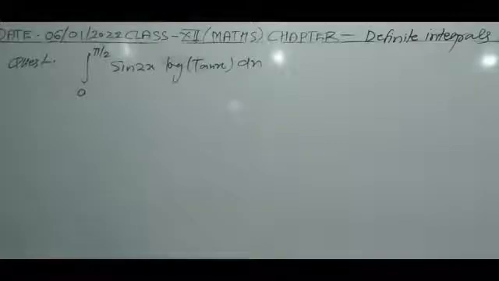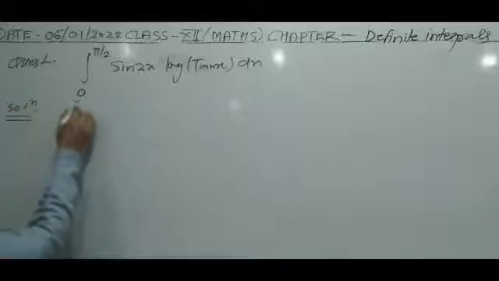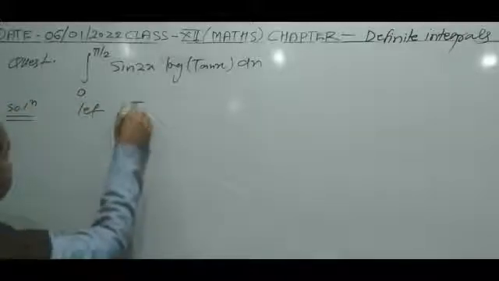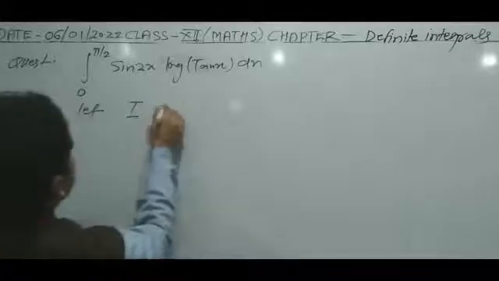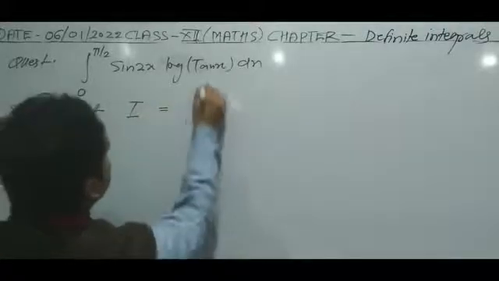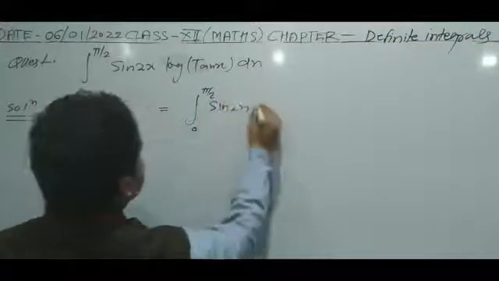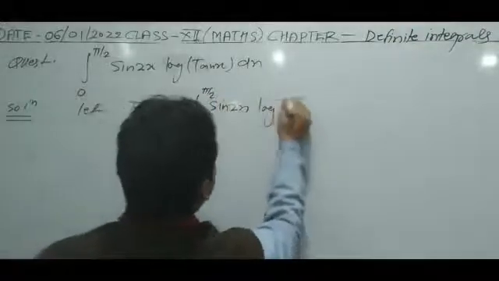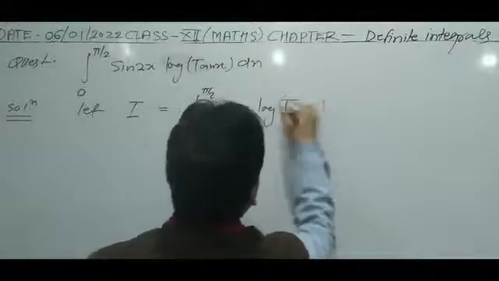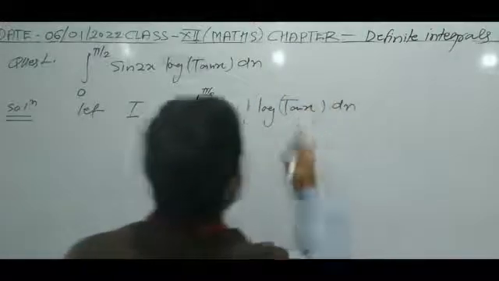Now we are going to consider, let I is equal to integration over 0 to pi by 2 of sine 2x into log of tan x dx.